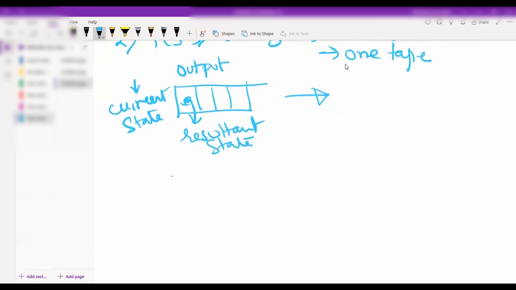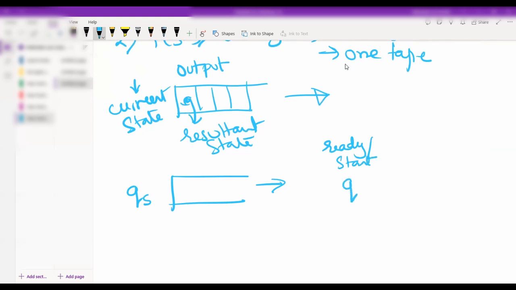Now we will consider this tape which is ready for the user to input the data. So this condition will be given a good name, which is called the QS state. So this is your ready state, or we can say the starting state, which is given the name QS. What input is represented?